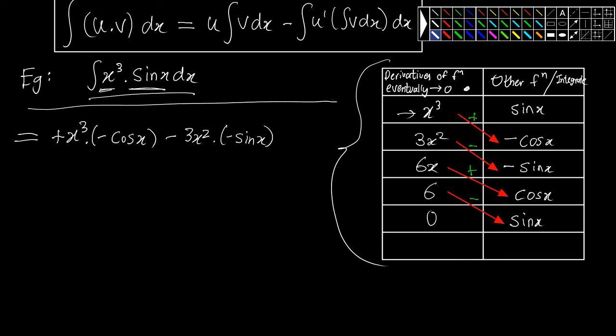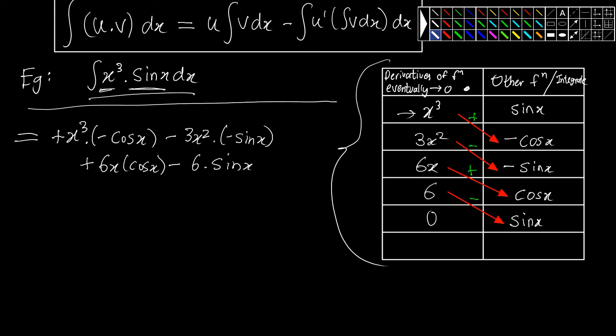Then the next term will be plus 6x times cosine x, and the last term here will be minus 6 times sine x.